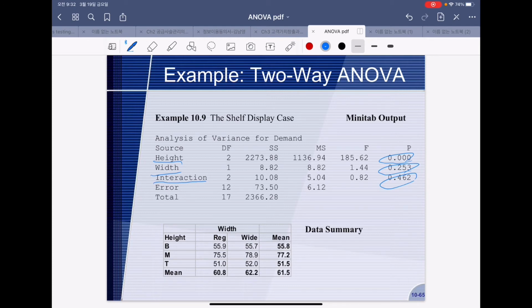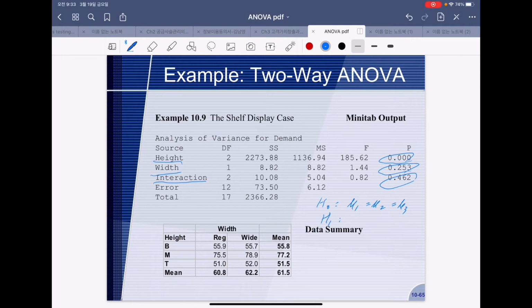Let's try to understand this output first, and then we are going to go to the SPSS to get this output. Let's look at the height first. We had three treatments for the height, so the null hypothesis is mu1 equals mu2 equals mu3, which are top, middle, and bottom.